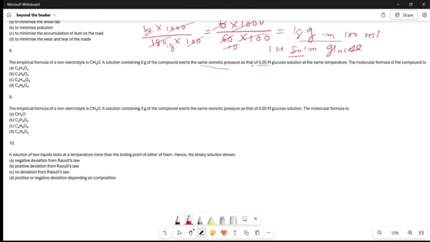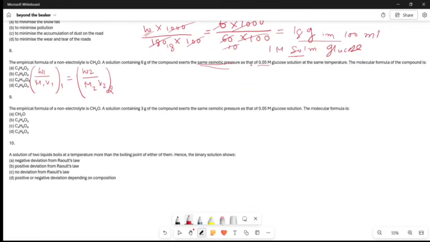So the osmotic pressure of solution 1 is W1 divided by M1 V1, equal to the osmotic pressure of solution 2, W2 divided by M2 V2. See here, we have two solutions. They are given that the osmotic pressure of the two solutions is the same. So W1/M1V1 of one solution is equal to W2/M2V2 of the other solution.